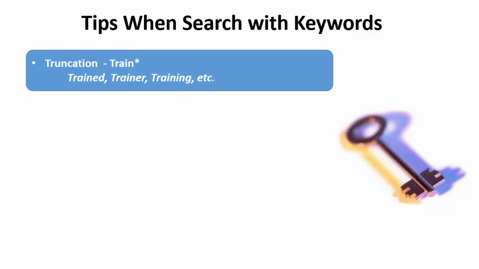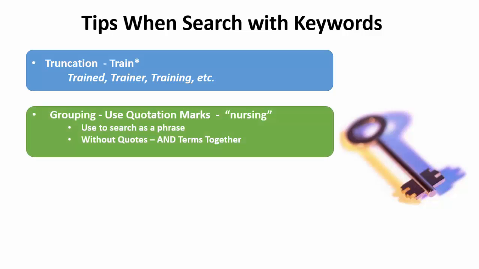Another tip that might be useful to you is grouping, using quotation marks. What this will do for you is it forces the database to search an item as a phrase. Without quotes, you're either letting the database search whatever way it wants, or if it's a phrase, such as hospital-acquired infection, what's happening is the database is putting an and between each one.